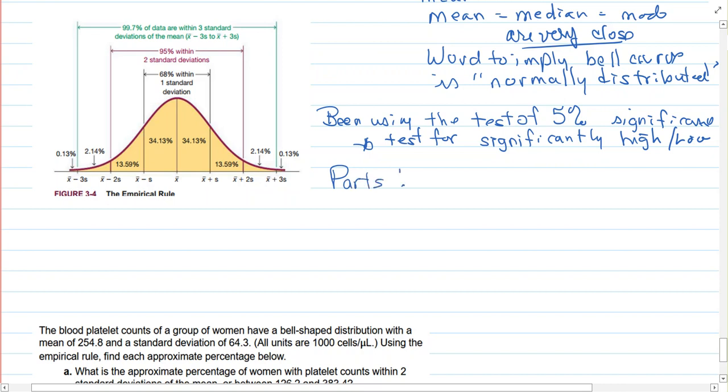It means the data structure is X bar in the center.